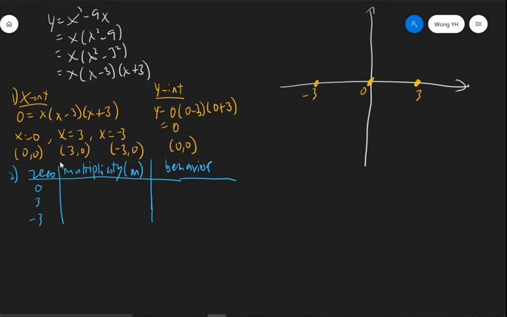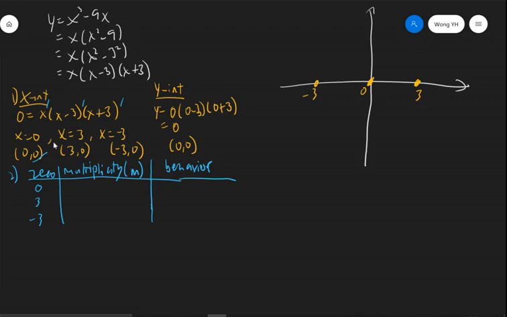All right, once we have the zero values, we can find out something known as the multiplicity, or M. So how do we get the M? The M we get from the exponent of the factor. You can see that for the first zero, the M here will be 1, and all of them are 1, 1, 1.